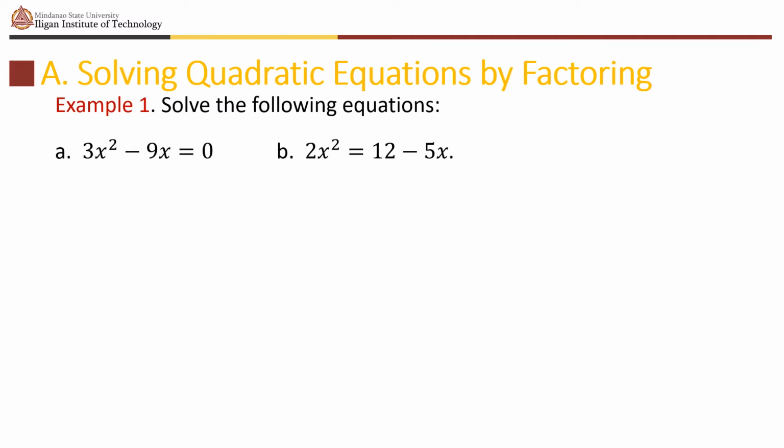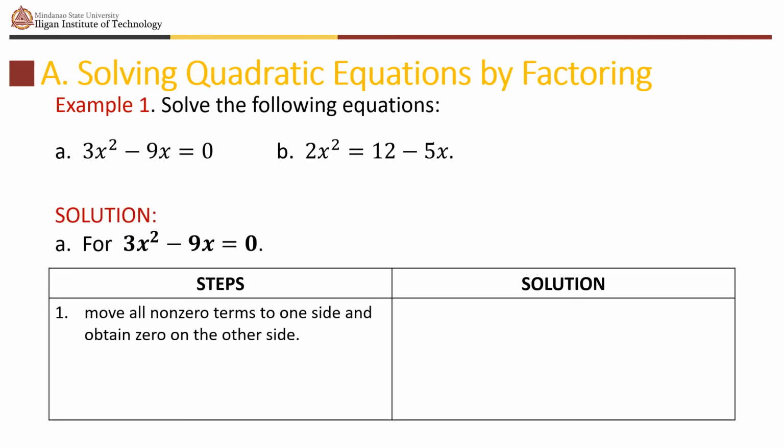So for example, we have the following. Solve the equation 3x squared minus 9x equal to 0. The following are the steps. You move all non-zero terms to one side and obtain a 0 on the other side. But if you take a look at this one, we don't need to make use of step 1 because we already have 0 on one side.